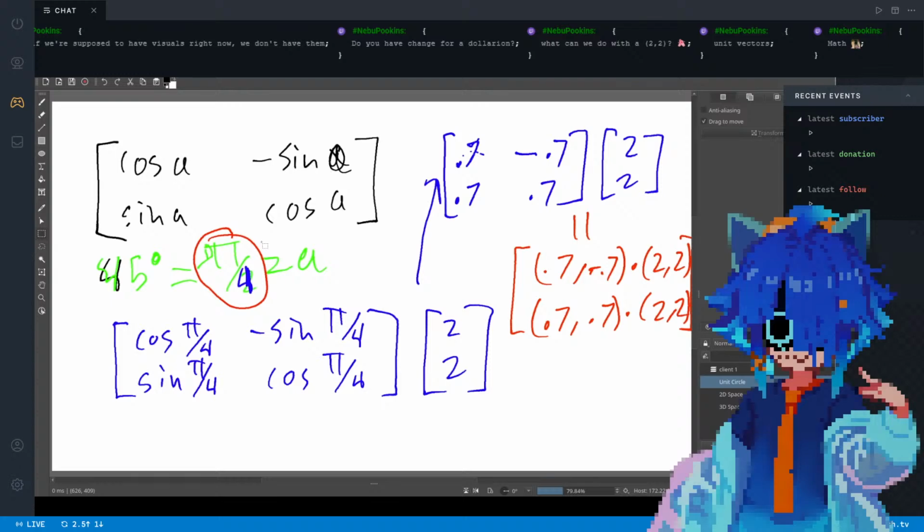And what is the final result here? Well, 0.7 times 2 plus negative 0.7 times 2 gets us 0. And the positive version gets us about 2.8.